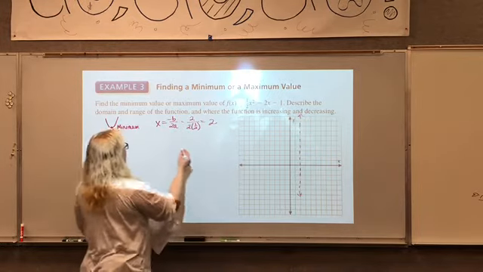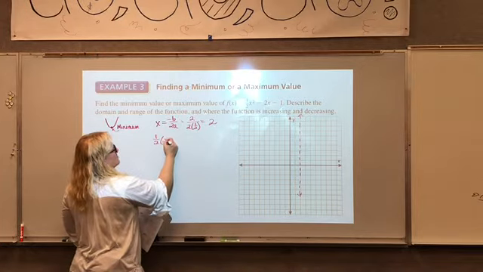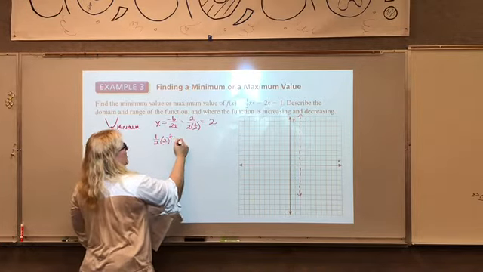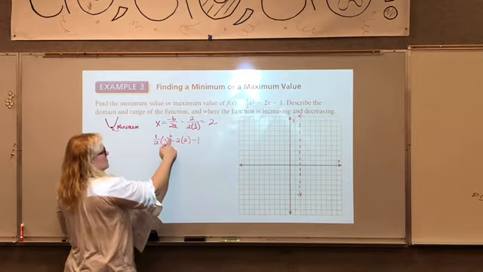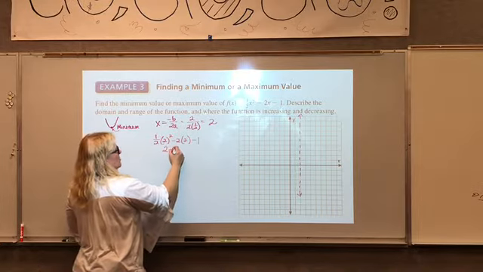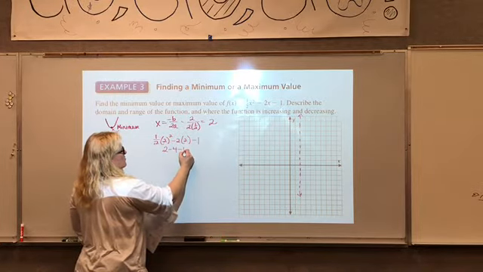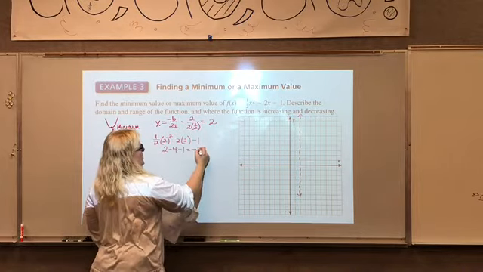And when I plug that in, I have 1/2 times 2 squared minus 2 times 2 minus 1. So this is 2 times 2 is 4, divided by 2 is 2, minus 4 minus 1 gives me a negative 3.